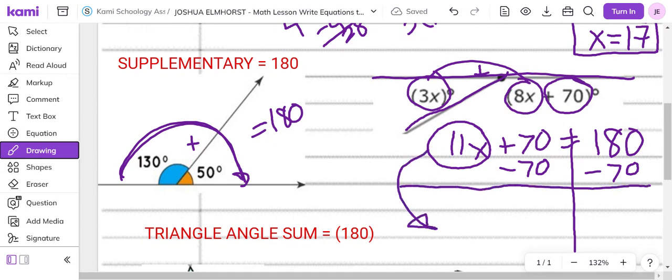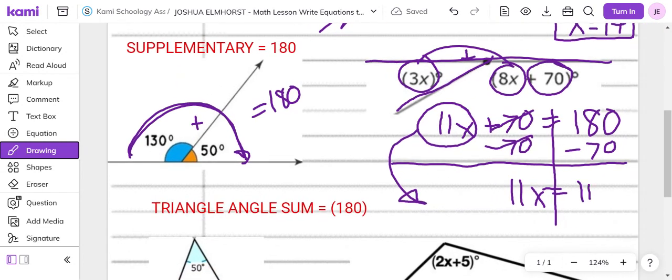The variable term comes down to step 2. And we got 180 minus 70, so that's 110. And then this is multiplication, so we're going to do the inverse to help us solve that. So 11 divided by 11 becomes 1.